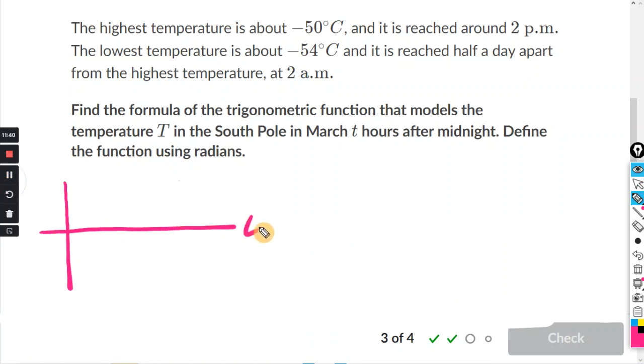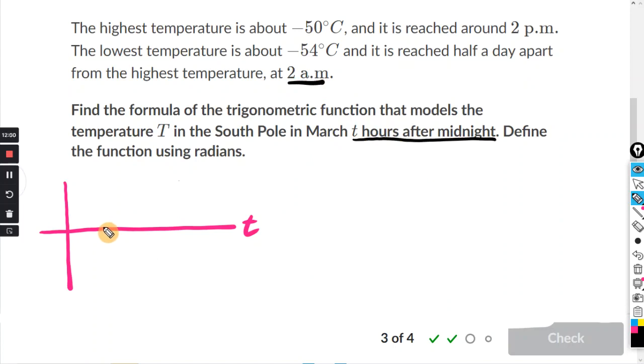And of course, the x-axis is in terms of T. All right, so we want to do T hours after midnight. So 2 a.m. is going to be 2 hours after midnight.